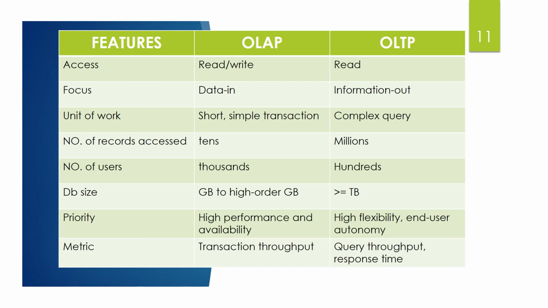The DB size, or the database size, for OLAPs is GB to higher order GB, while the OLTP's DB size is greater than or equal to TBs. OLAP's priority is usually high performance and availability, while the OLTP's priority is high flexibility and end user autonomy. OLAP's metric is based on transaction throughput, while the OLTP's metric is query throughput, response time, etc.